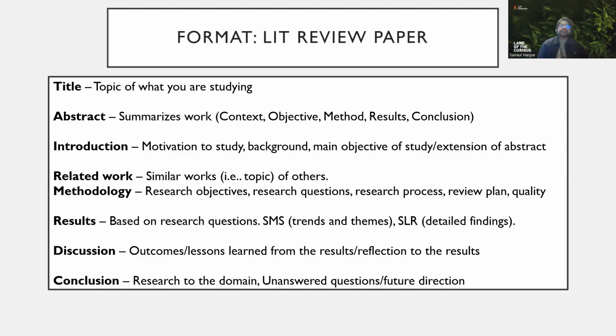So pretty simple idea. And if you see on the slide, when you come up about writing a literature review paper, firstly, of course, you have the title, and then you have the abstract, introduction, related work, methodology, results, discussion, and conclusion.